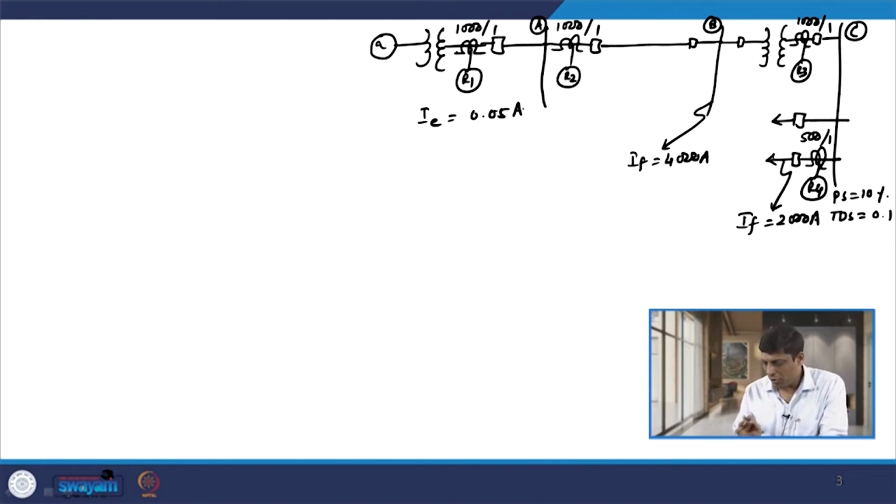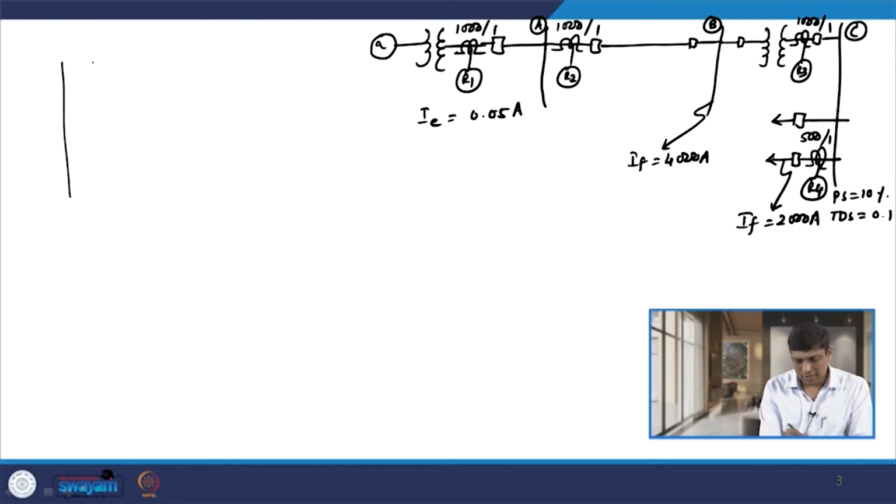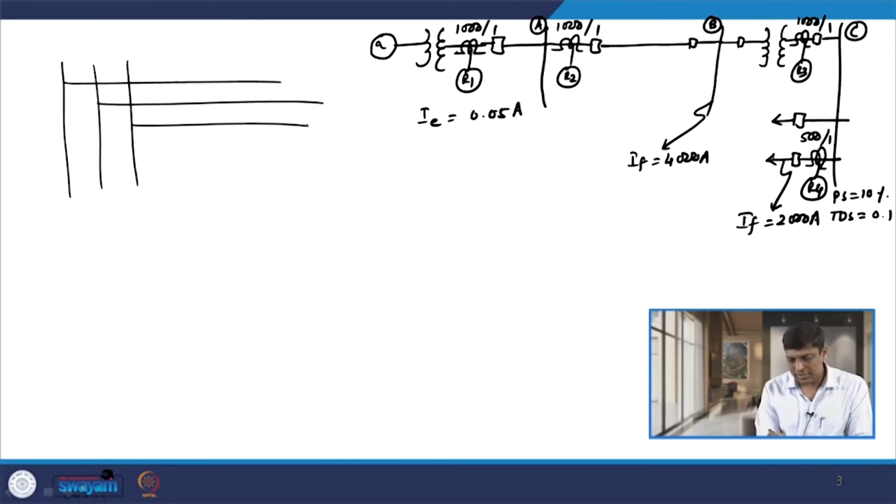Now, before I just mention here, one thing we need to remember is that R1, R2, R3 and R4 are groups of relays. These relays are nothing but the phase relays as well as the ground relays. For example, if I consider relay R1, then we have the 3 lines connected like this, and we have the 3 line CTs like this.